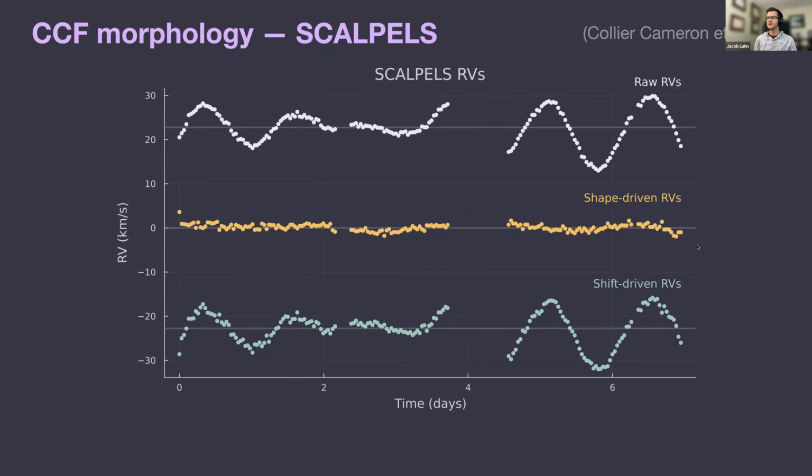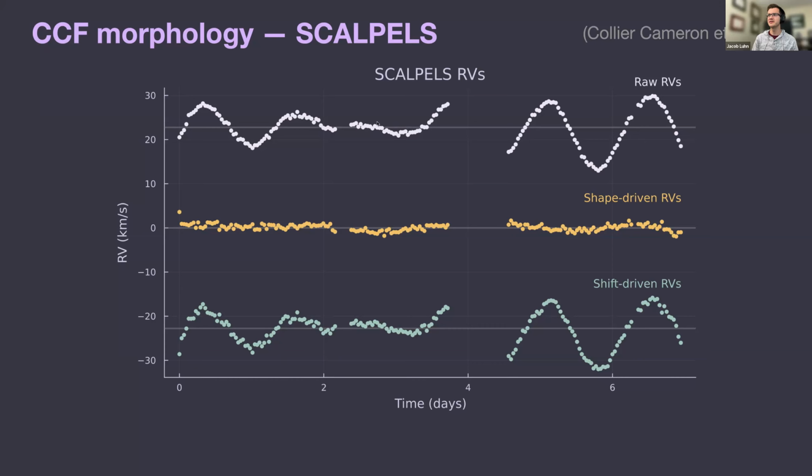The other thing that we can do to investigate shape changes versus shift changes is using a methodology called SCALPELS, which is some kind of neat math about how you can decompose symmetric shift changes using the autocorrelation of the cross correlation, decompose that into its basis vectors, and build back up the components that are attributable to shape changes.